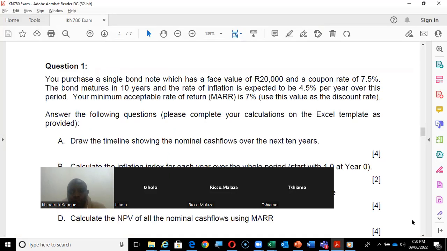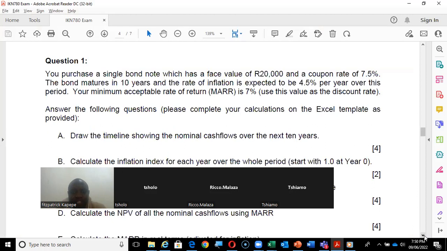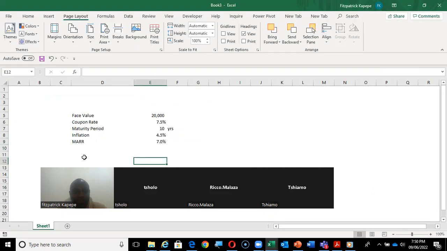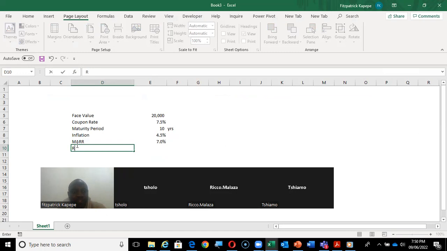Okay, so let's first ignore what they have said in there and just complete this thing. So here we can also try to find the real rate.